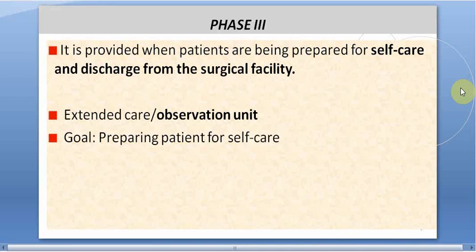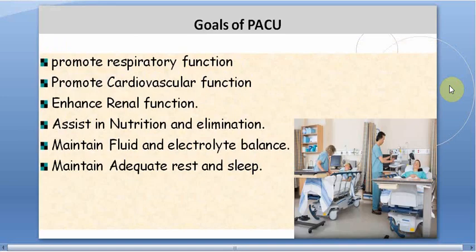After phase 3, you can shift the patient or you can discharge the patient. In phase 3 you just need to observe the patient. It is called extended care, where you will just monitor the patient when they are doing self-care activities and you are making them independent. So these are the three phases of post-operative care.